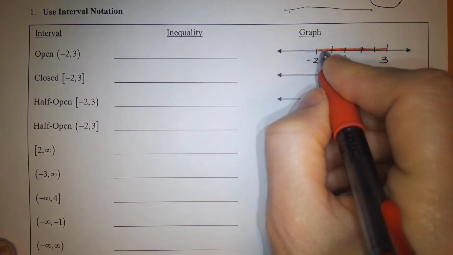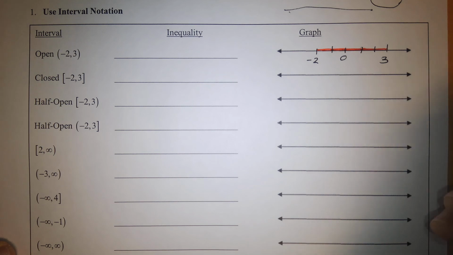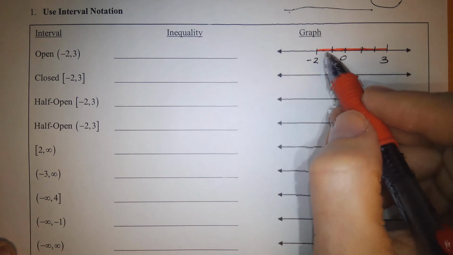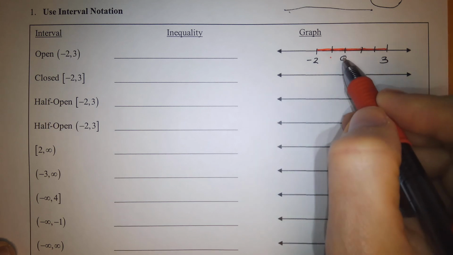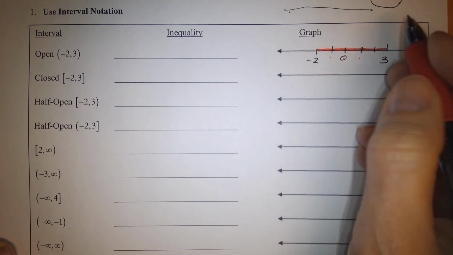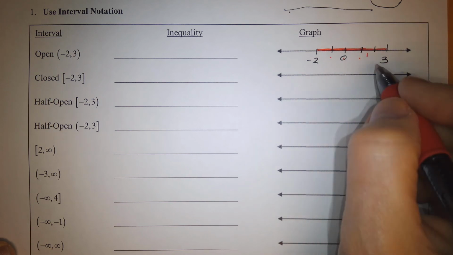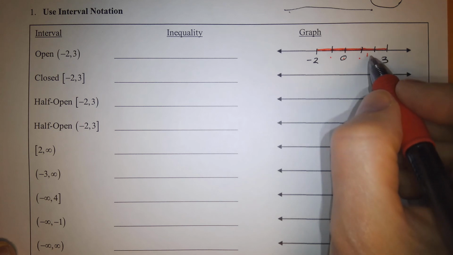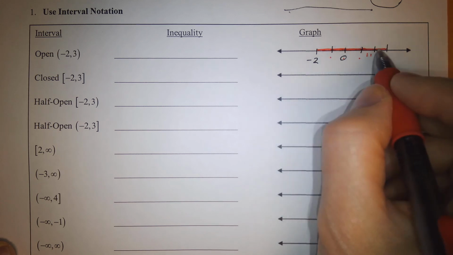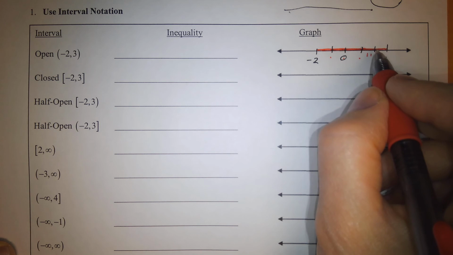So I would shade all of the area in between -2 to 3. So x can be -1, x can be 0, x can be 1, x could be 1/2, x could be 3/4, any number in this red shaded area.